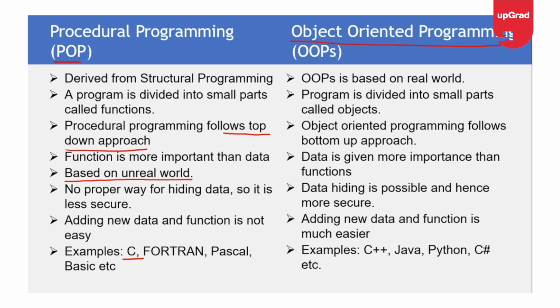It has a bottom-up approach and we now focus more on data, not on the functions. We can hide data and hence our system becomes more secure. Adding data or modifying the data we already have also becomes much easier using object-oriented programming. Some languages which follow object-oriented programming are C++, Java, Python, C#, etc.